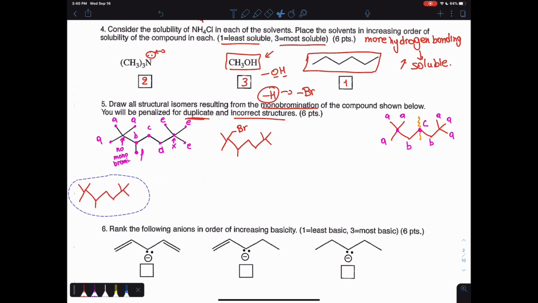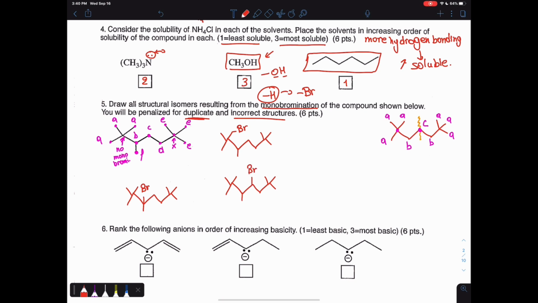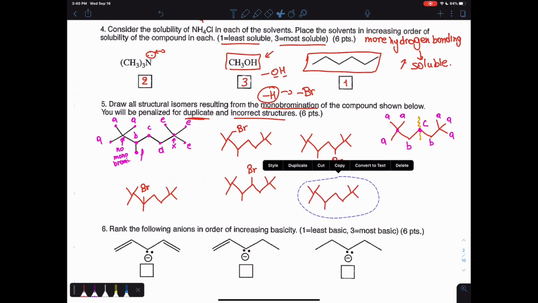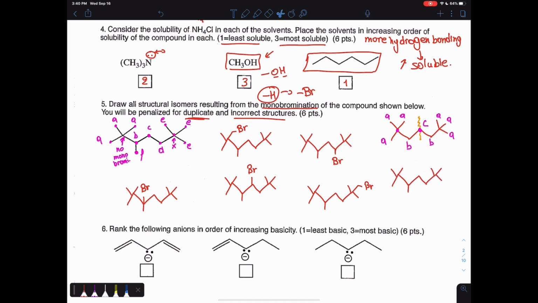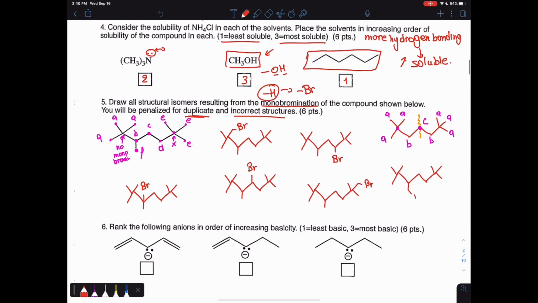Next, we're going to have one on the B. Then let's put one on the C. Then we're going to place one on the D carbon, so that's going to go right here. And then lastly, we have one on the E. Actually, not lastly, we still have the F. So E, we're going to have a Br right here. And then lastly, we have the F, and then we have a Br right here.